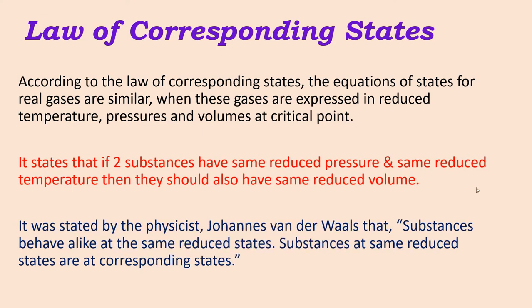This was stated by the famous physicist Johann van der Waals. That is, substances behave alike at the same reduced states. Substances at the same reduced states are at corresponding states.